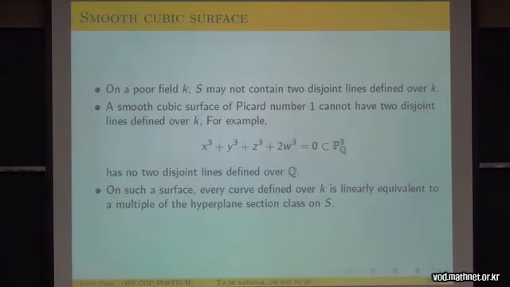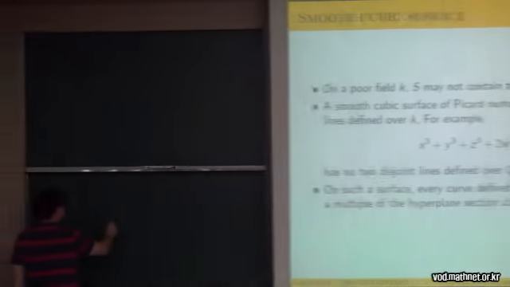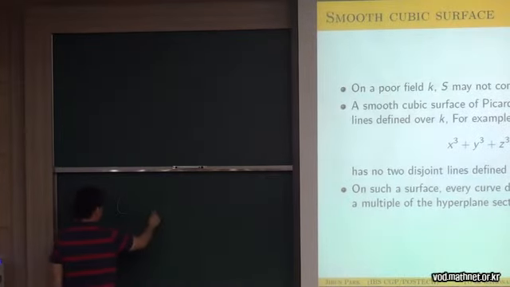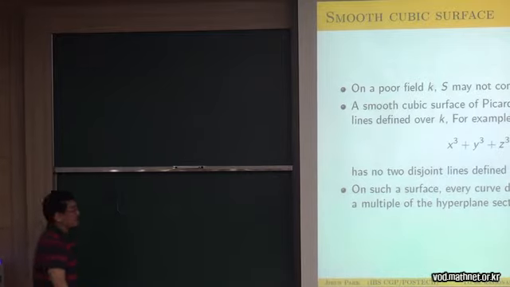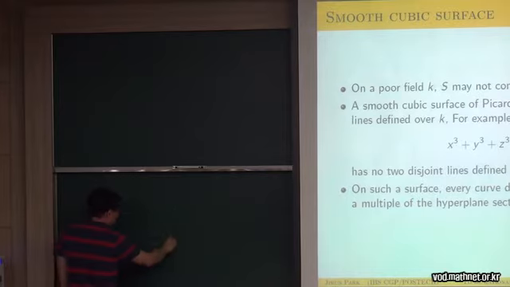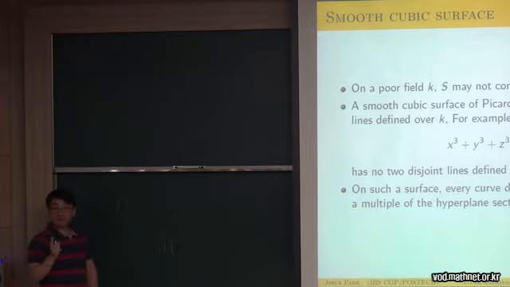you have a curve C defined over K on S, and the hyperplane section means S intersected by a hyperplane, one linear equation.